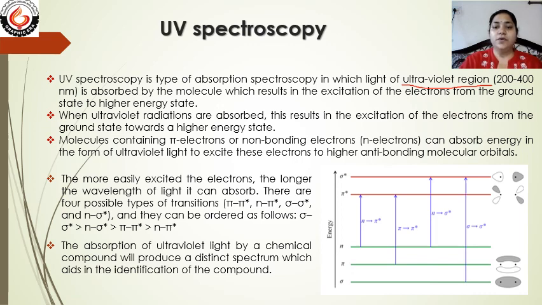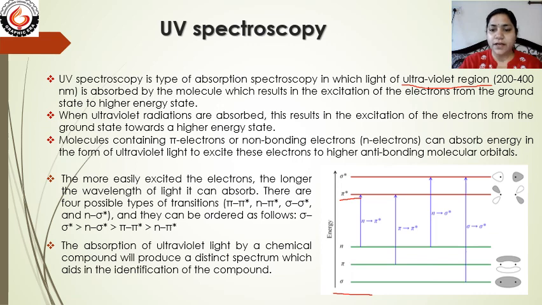Here you can see that different levels are given. Sigma has the lowest energy and sigma anti-bonding has the highest energy. Then pi, then non-bonding, and then pi anti-bonding. If you observe carefully, you will find that the energy required to transfer from n to pi anti-bonding molecular orbital is lowest.